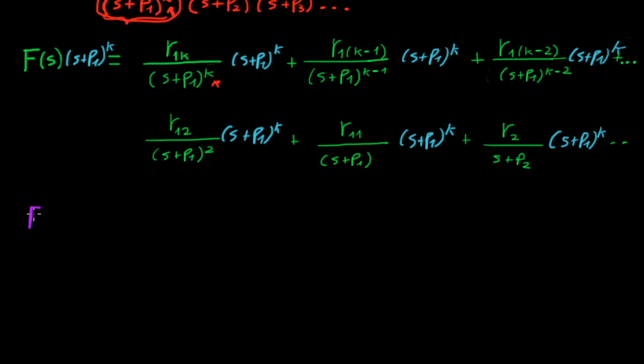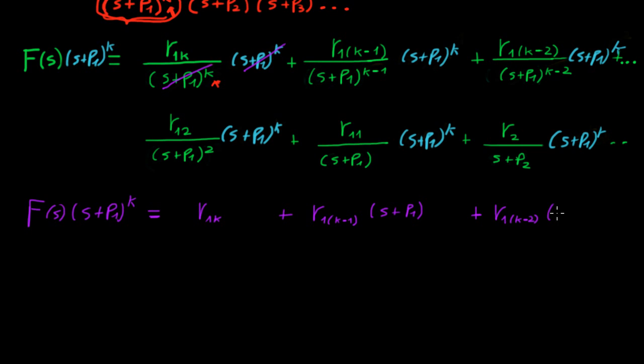In the left hand side we have the same, f of s times s plus p1 to the k, and here s plus p1 to the k cancels out with this, so only the residue r1k is left, plus r1 k minus 1 times the binomial s plus p1, and here is k minus k plus 1, so the exponent is 1, plus r1 k minus 2 times s plus p1 squared.